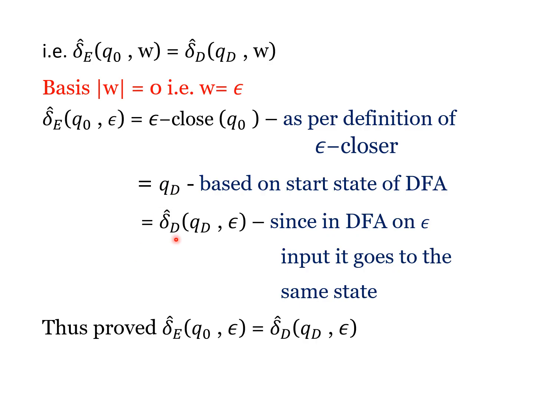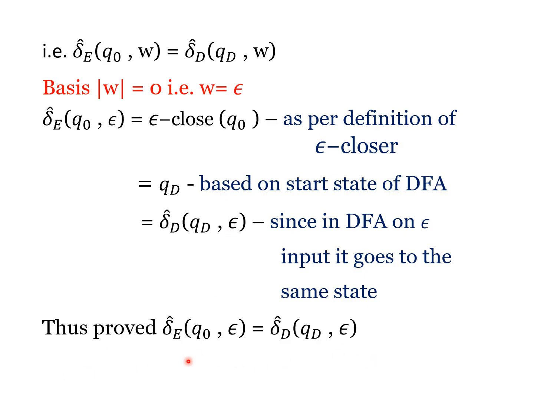which can be written as the DFA delta transition from QD comma epsilon. This is by the definition given for the DFA. Since in a DFA on epsilon input it goes to the same state, it definitely goes to the same state QD on epsilon, because your DFA does not have an epsilon transition from one state to another state.